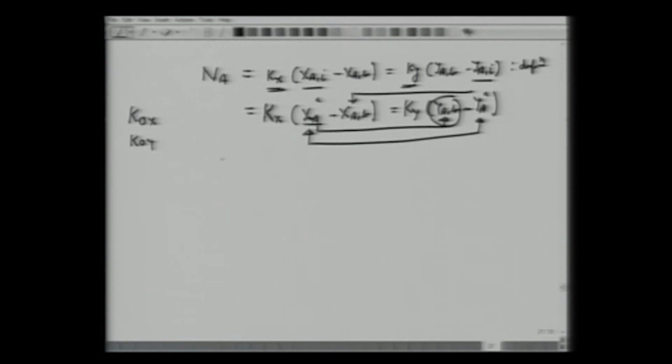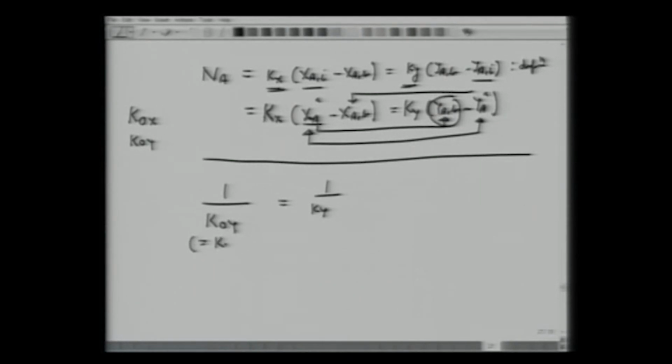Now we have all pure mathematical expressions, 4 equations, and we'll see how many unknowns here. We can equate these to obtain 1 over KOY, which is the same as capital KY, equals 1 over small ky plus, we'll call it, m prime over kx.